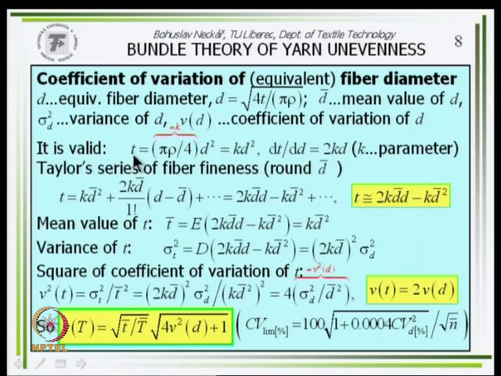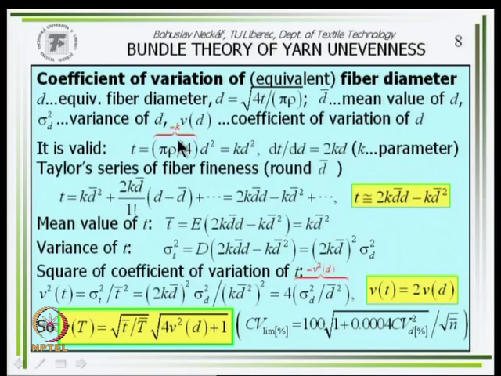It is valid, this is one of our first equations, that T, fiber fineness, must be pi rho by 4 times D square. You know it from lesson 1. So this relation is valid. This expression is not a function of D, so for short, let's call it some parameter k.